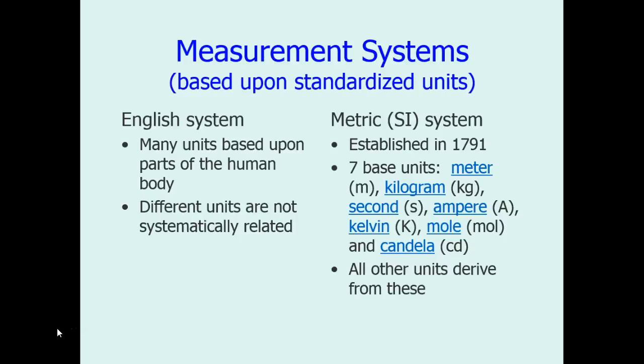They established this in 1791, and they said, let's get away from body parts and anything else, and let's actually use things that are fixed. So what they did, and I hope I have this right, they say run a straight line from the North Pole to the equator, probably through Paris, France, and take that length, and divide it by something like 10 million.